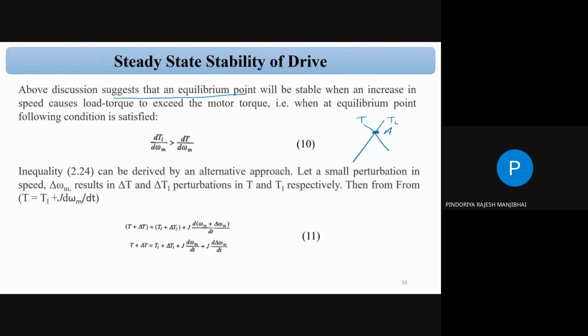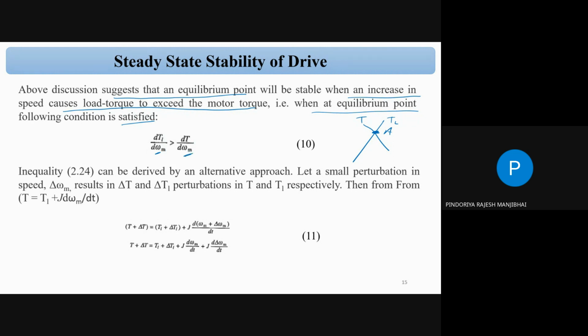The equilibrium point will be stable when an increase in the speed causes the load torque to exceed the motor torque. That means at the equilibrium point the following condition is satisfied: dTL by d omega m greater than dT by d omega m.